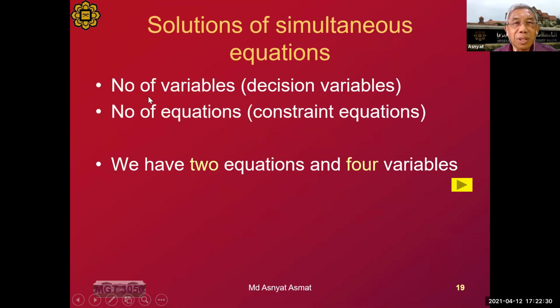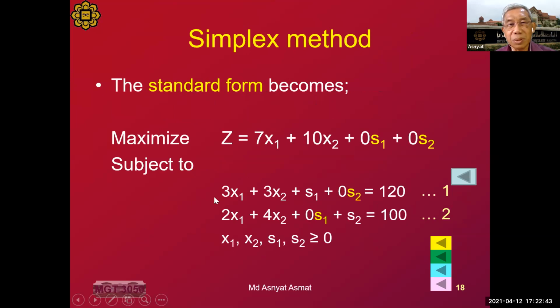Here the number of variables are the decision variables, and the number of equations are the number of constraints. In our case, we have 2 equations, 4 variables.